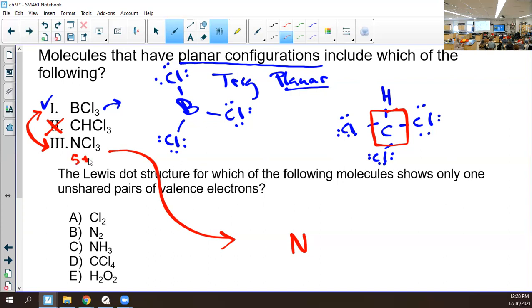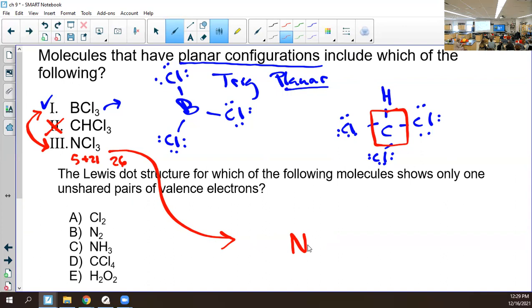We have 5 plus 21, right? Does everyone know where I got 5 plus 21? Okay. So I have 26. We've said a few times 26 is a great number. What does that do? It octets everything if there's 4 of them.